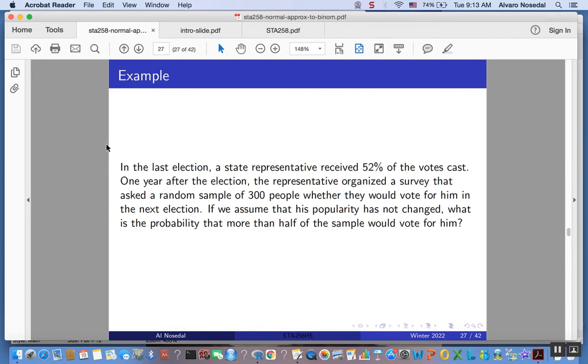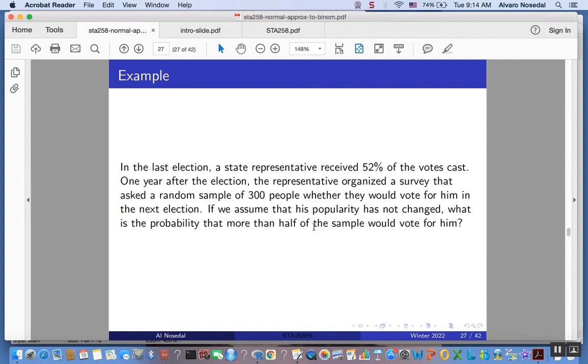So we have a random sample with 300 observations in it, right? We have a Bernoulli random variable. It's going to be 1 if the ith person is planning on voting for this candidate, and 0 otherwise.